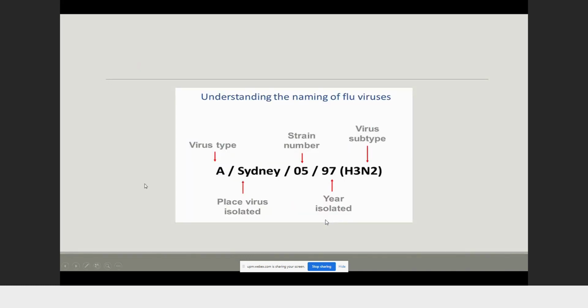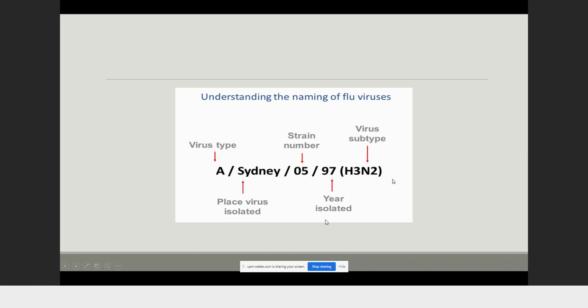Okay, so basically, how to name a flu virus? There is a systematic method on how we name flu virus. Start with the virus type, whether it is genus A, B, or C. Then the place the virus was isolated, for example here is Sydney, then the strain number, then the year isolated, and what the subtype is.